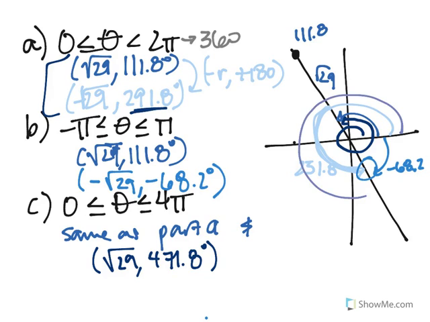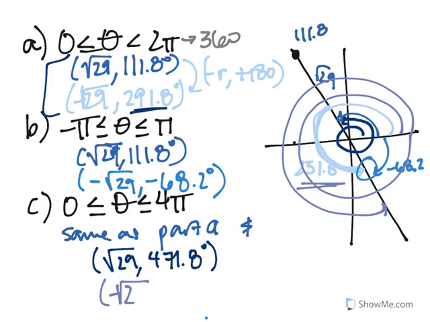So again, I'm going to go all the way around, and then back to this line. We've touched it every single time. Now it's just 360 plus that 251.8, and I get 611.8. Remember, it's a negative root 29 now, positive 611.8.